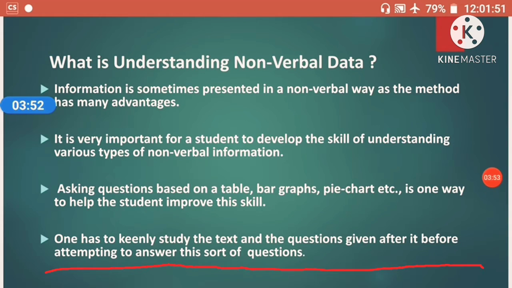Finally, a student must keenly study the text and the questions given after it before attempting to answer. So we have to read the questions very carefully, and read and observe the given data, table, graph or pie chart keenly, and study it by making underlines before attempting the answers.